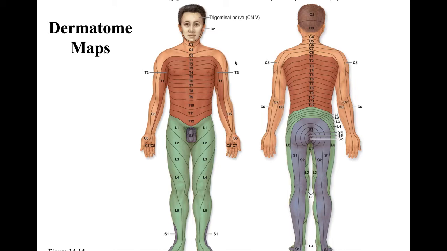Okay, here's the picture on page 551. We're going to take an illustrative example of L3 on this person's leg, that thigh area. Now, if I were to take a pin and scrape gently on this person's leg right here where it says L3, that sensory information is going to go up from the leg to the spinal cord.